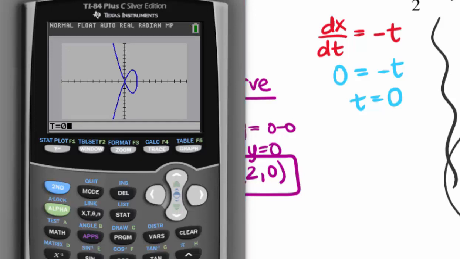So I can say, well, I thought at t equals 0, that's where my vertical tangent occurs. And that appears to be exactly where I think it is. Again, t equals 0 corresponded to the rectangular point 2, 0 is what we found. So that worked out. Then I can calculate it again.